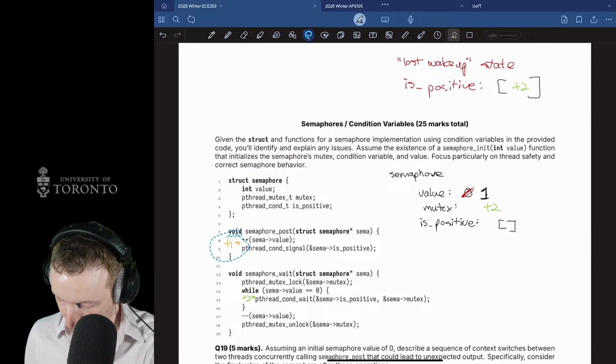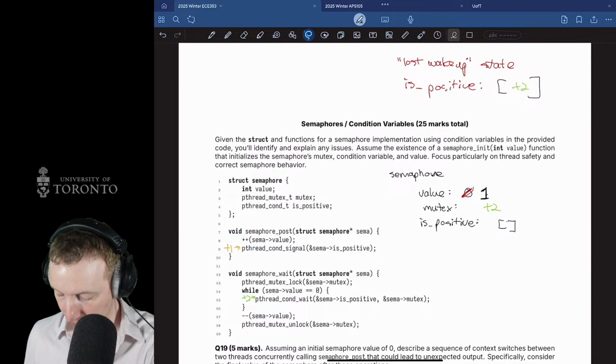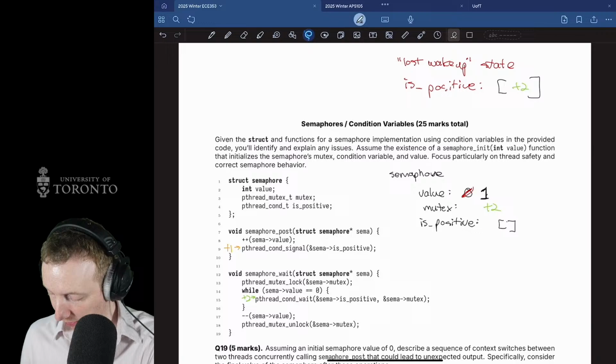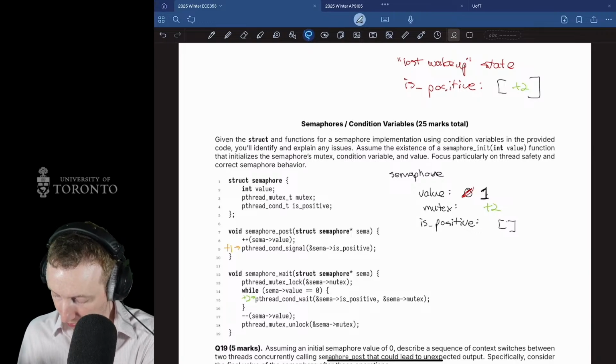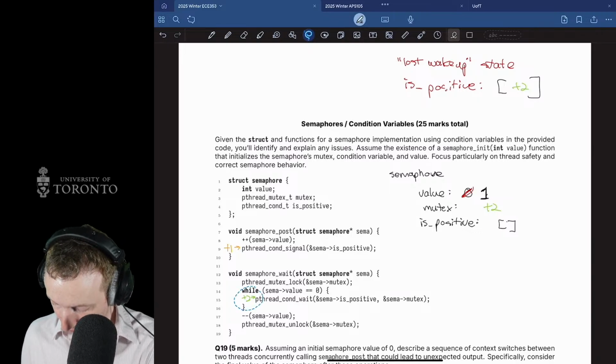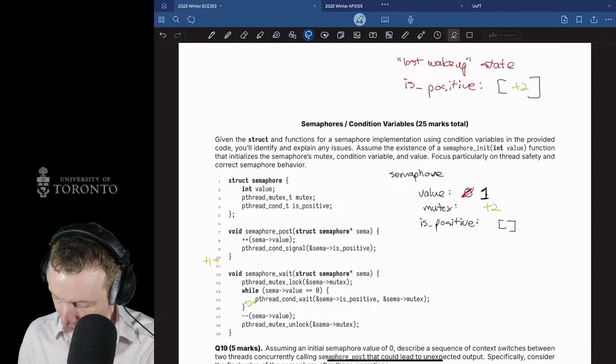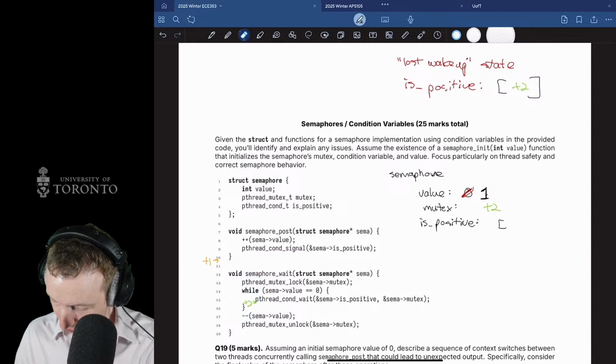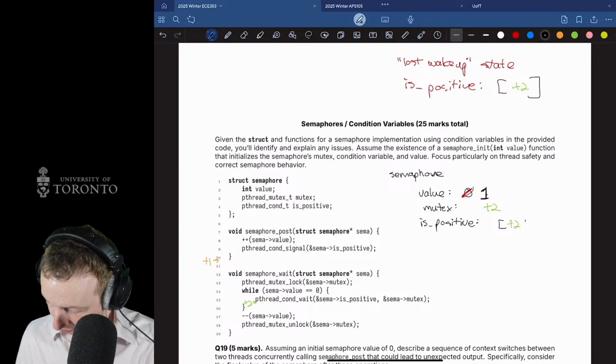Then thread 1 calls signal, which would wake up anything that's currently in the queue. Right now nothing's in the queue, so nothing wakes up. And now thread 1 is done, and we have no choice but to execute thread 2. So thread 2 is going to hit this wait, which will put itself in the queue, also atomically giving up that mutex.